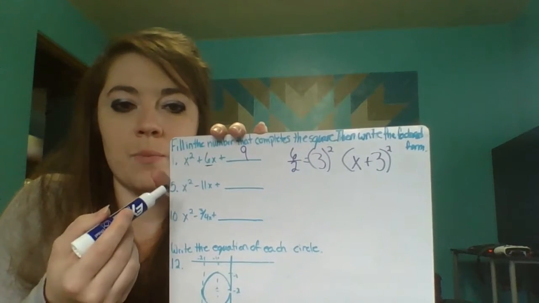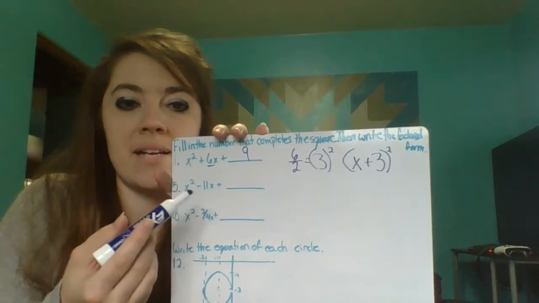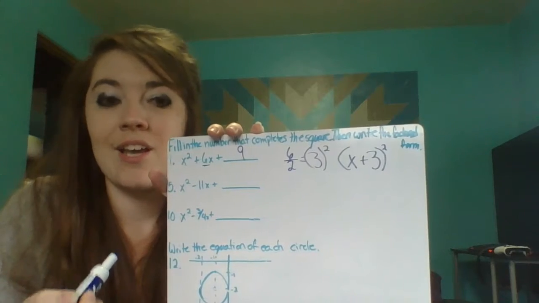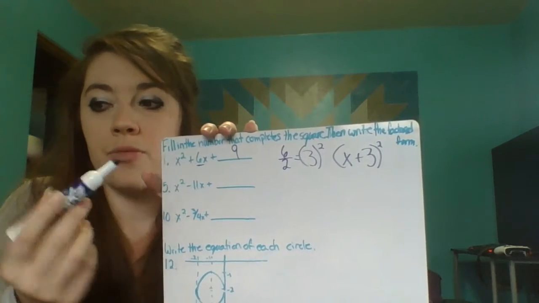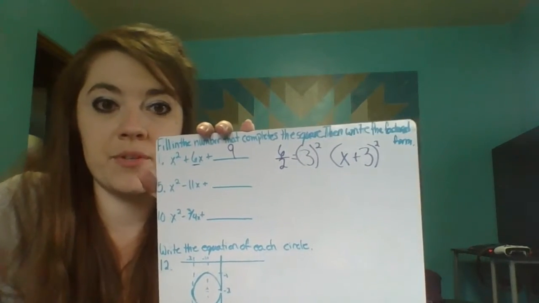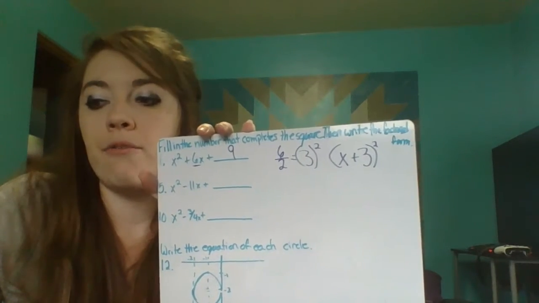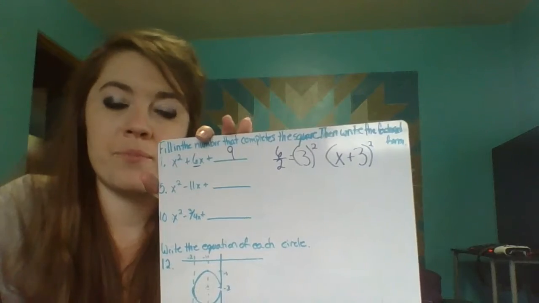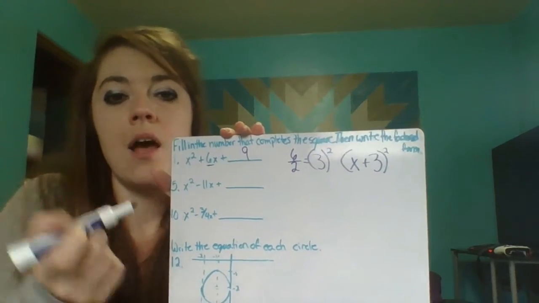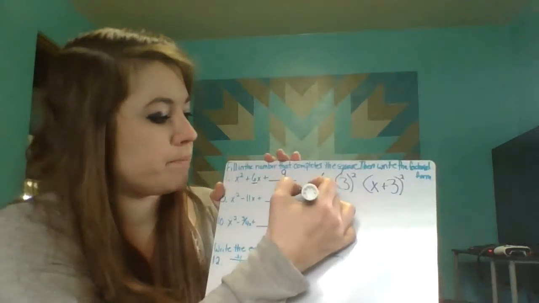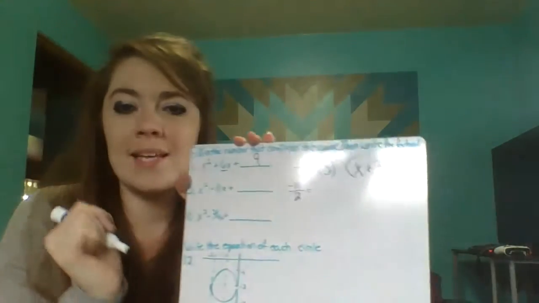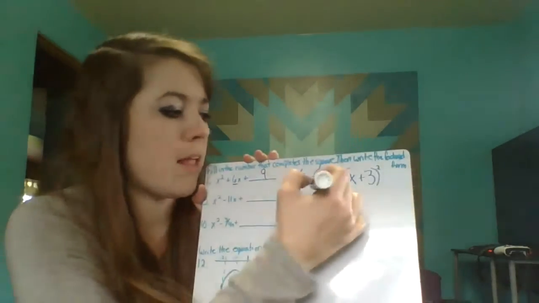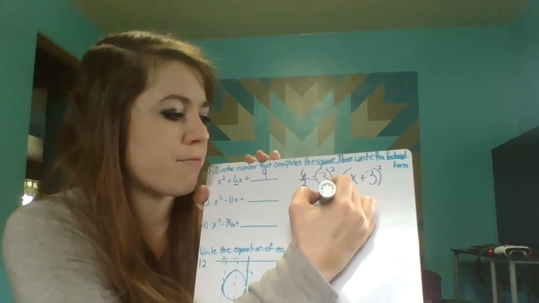Okay? Alright, so technically this is the next section, but it's the same thing. It's just these ones, when we divide by 2, it's not going to work out so nicely. So that's why it's in a separate section. So all of the ones for 1 through 4 are going to work out perfect when you take and divide. 5 through 10 don't work out quite as nicely. So if we take negative 11 and divide it by 2, we get negative 11 over 2 because we're going to leave it as a fraction.